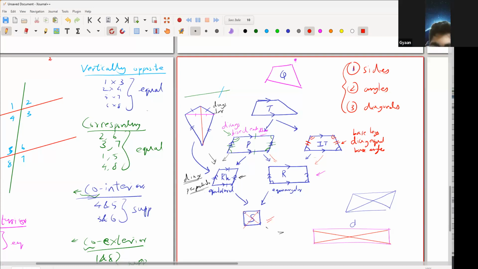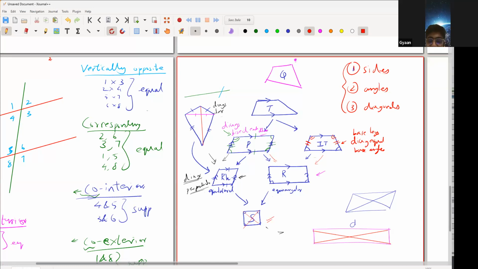So sir asked that in an isosceles trapezium, could the diagonals be perpendicular? So the answer was yes, because a square is an isosceles trapezium. The diagonals are perpendicular.